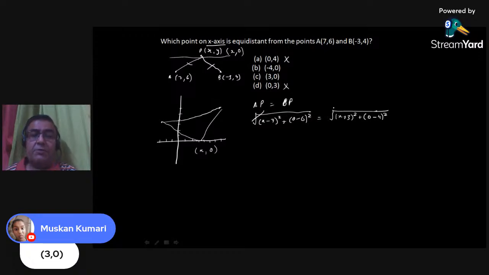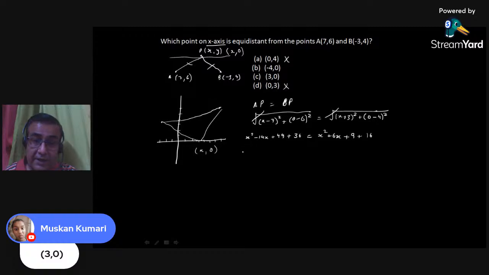Okay, squaring both sides, I get rid of the square root, and I get x square minus 14x plus 49 plus 0 minus 6 is minus 6, square of that is plus 36, should be equal to x square plus 6x plus 9 plus 0 minus 4 is negative 4, square of that is plus 16.